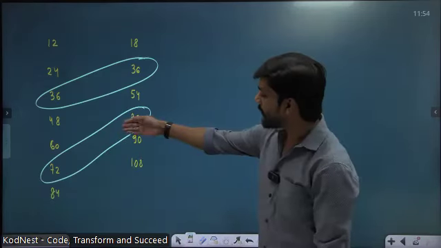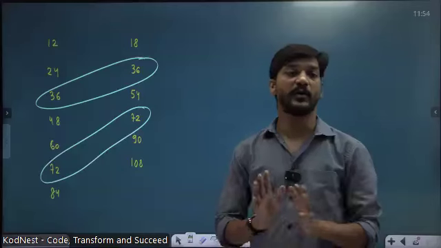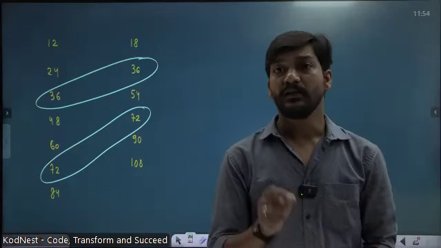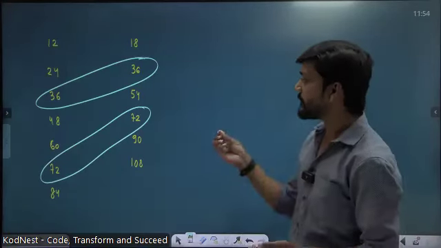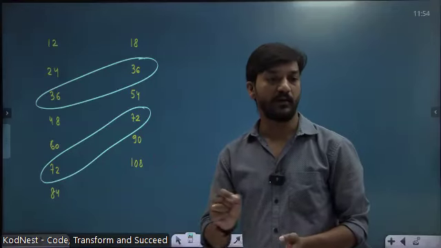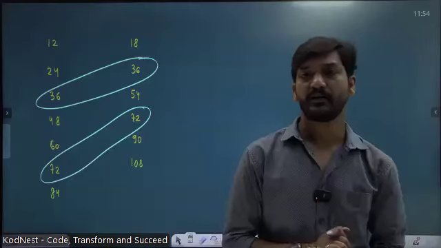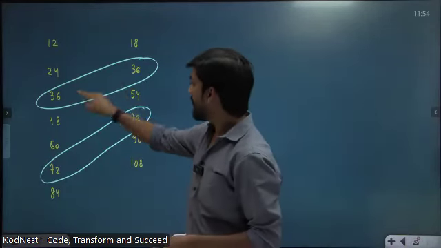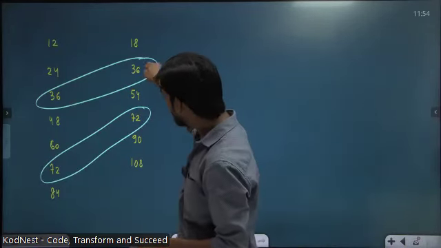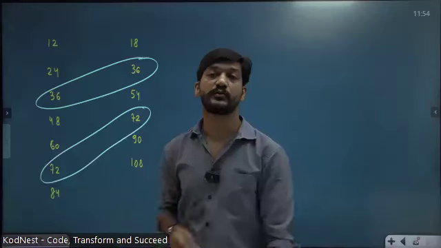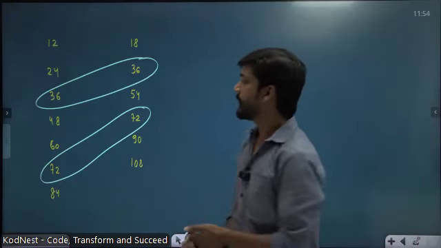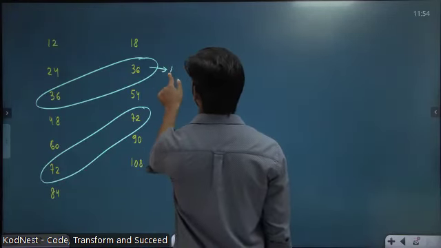After this also, 108 will be common. What is the least common multiple? 36. It is common, it is a multiple, and it is least. So least common multiple.